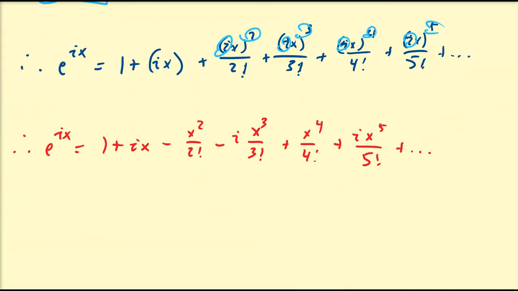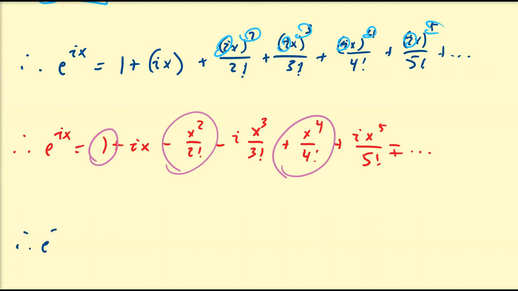What I'm going to do is group all of the terms that do not have i's in them. So 1 minus x squared over 2 factorial plus x to the 4 over 4 factorial, and the next term is minus x to the 6 over 6 factorial.